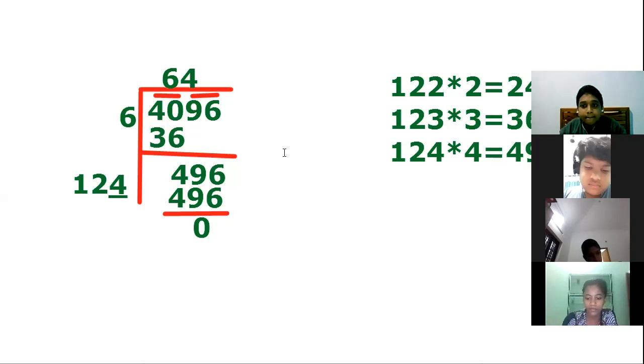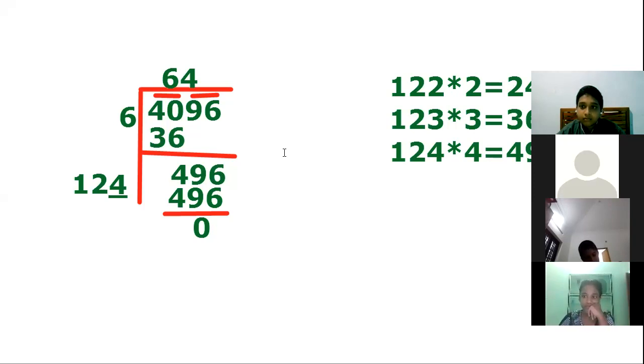The quotient was 6, and we double the quotient, which becomes 12, and we leave a blank space there. Then the next step is to guess the largest possible digit to fill the blank, which also becomes the new digit in the quotient, such that the product is less than or equal to the dividend.